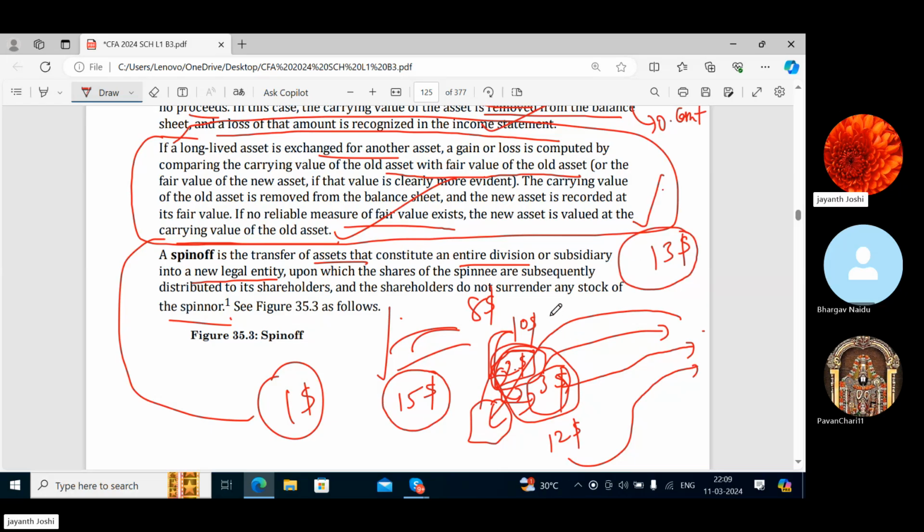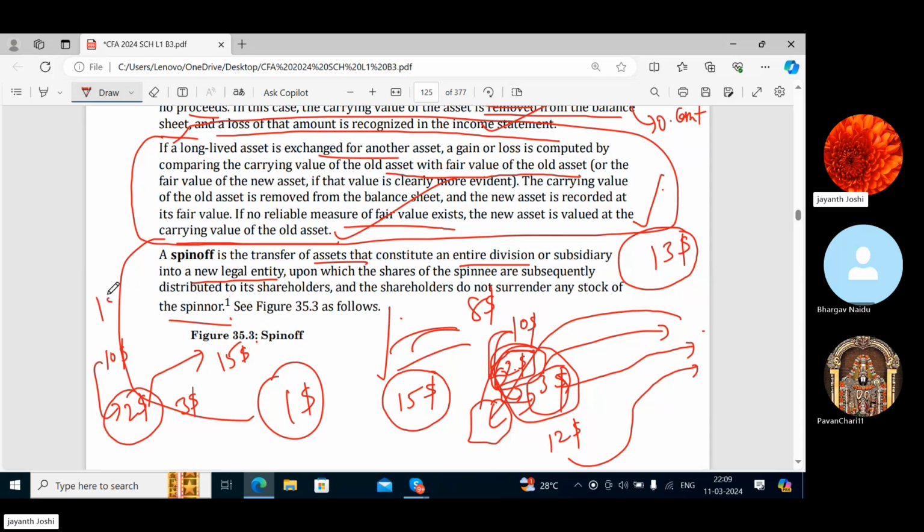Tell me, Bhargav. Yes, sir. An asset of $10, today its value is $2 in the books. The asset which we want to purchase is of $15 fair market value. You have to give the asset to them and also additional cash. But for this asset, they are ready to offer you $3.